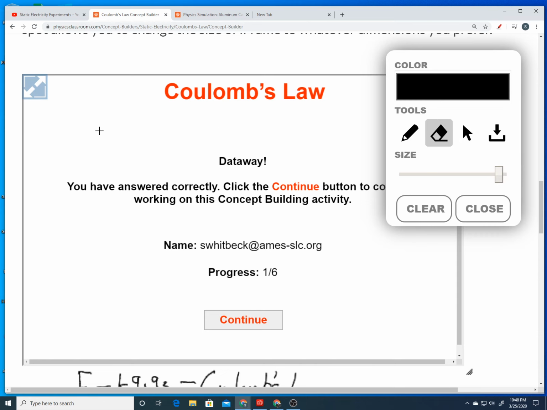Okay, so for your homework today, I'm going to have a worksheet for you that has problems like this. And I'm also going to get you started a little bit on static electricity and the different methods that we can use.